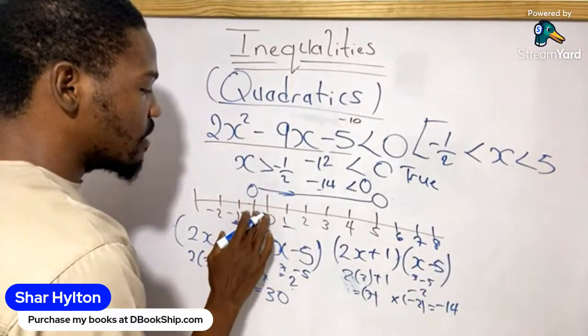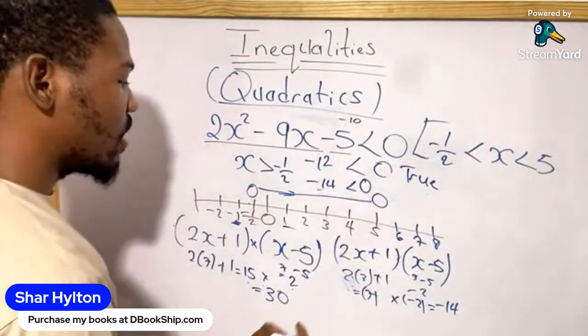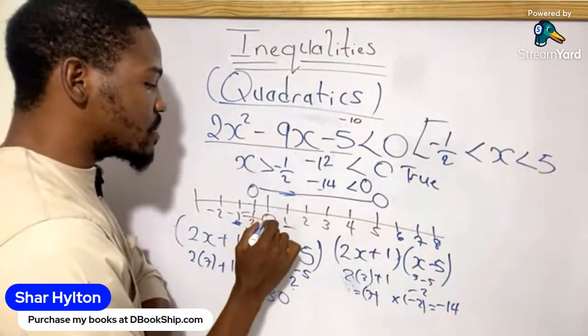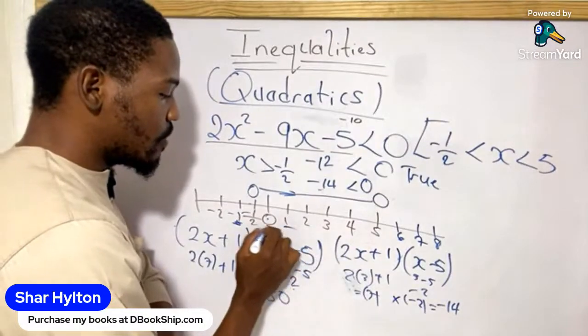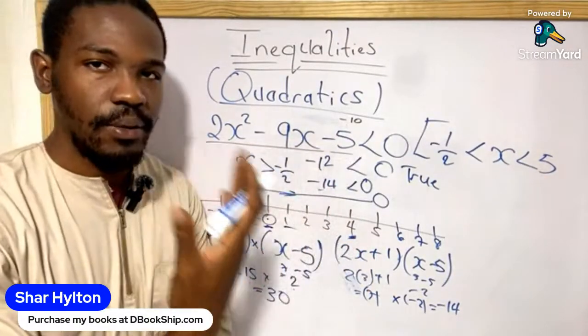So x is not greater than 5, but x is greater than negative a half. So any number from 0 to 4 would actually let this equation evaluate to true.